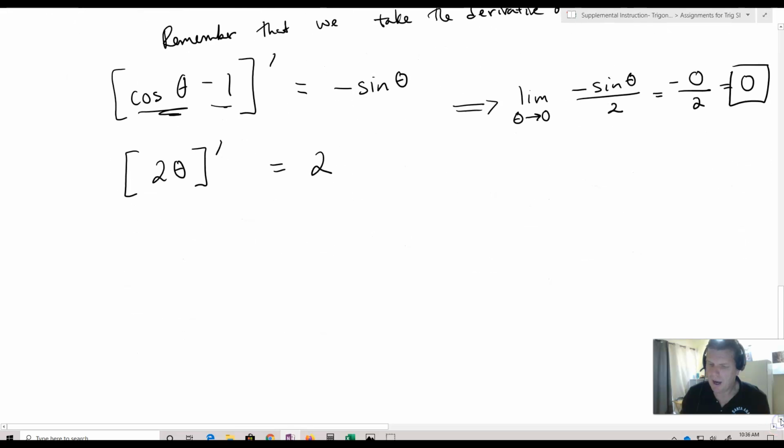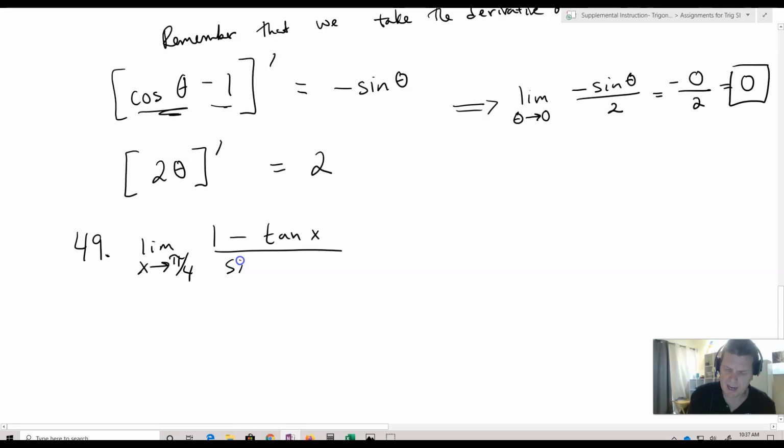Let's take a look at number 49, because 49 also uses L'Hopital's. So we've got the limit as x approaches pi over 4 of 1 minus tan x over sine x minus cosine x.